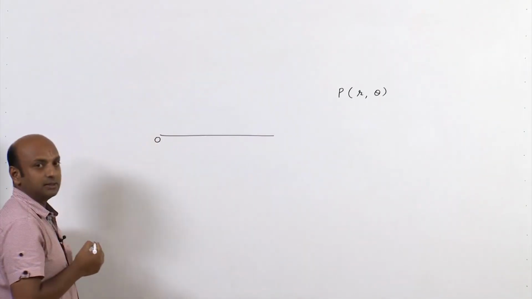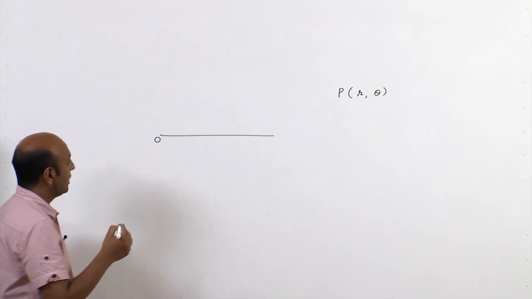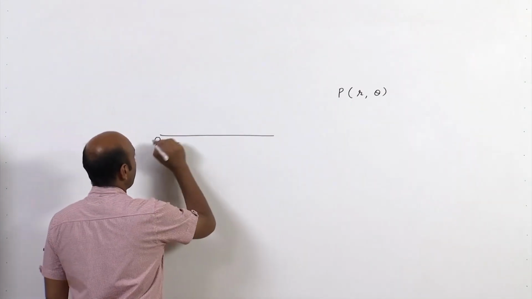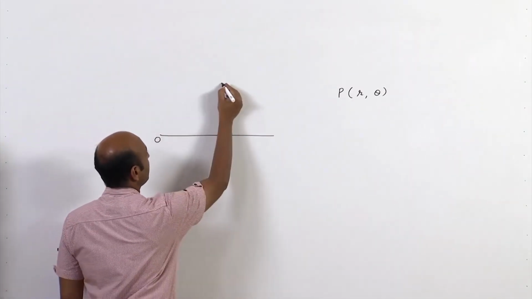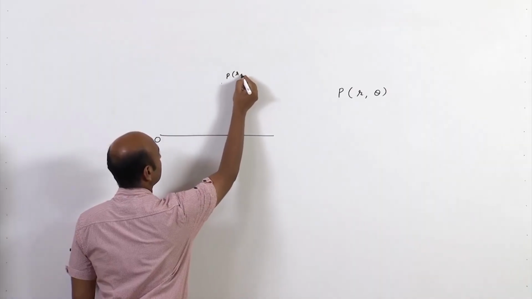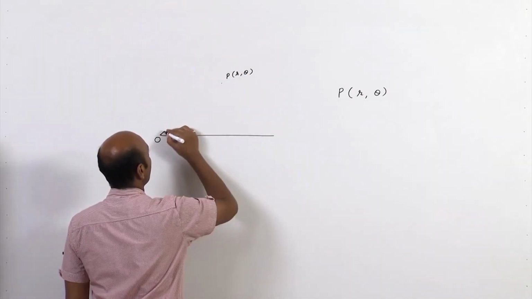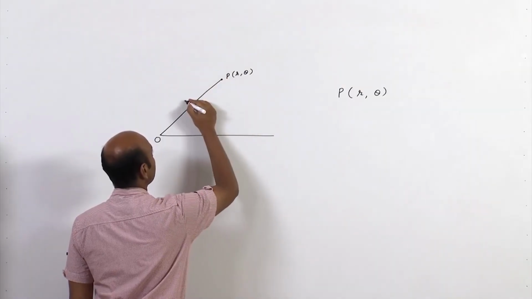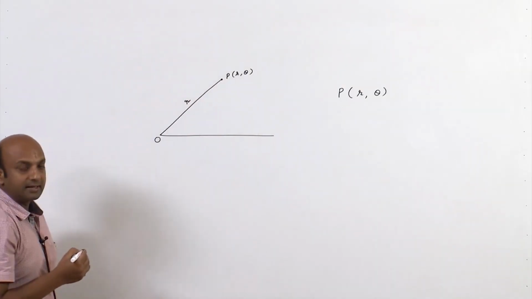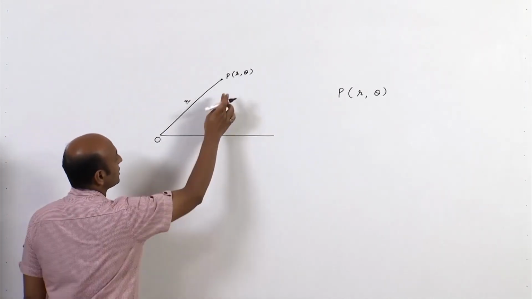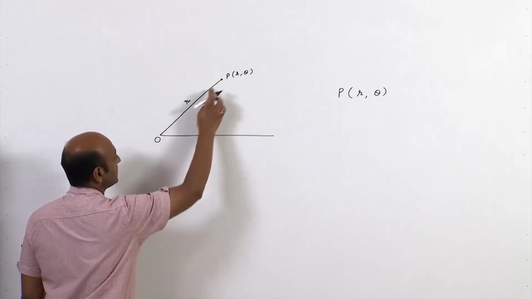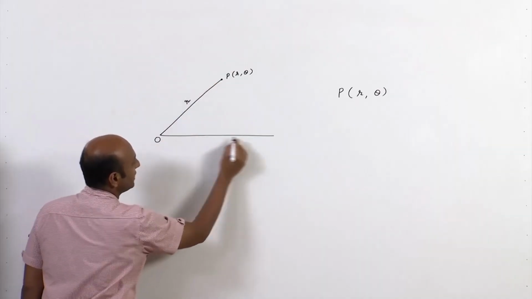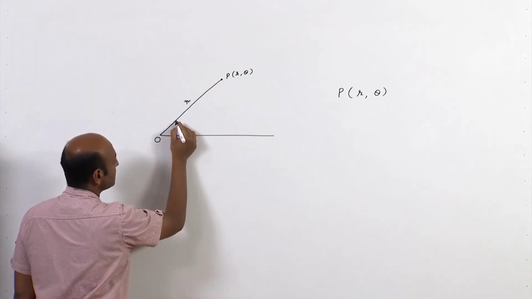This line we call the initial line. And r is basically, if this point is say r comma theta, then this length OP is basically r, and theta is the angle which this line segment OP makes with the initial line. This is theta.